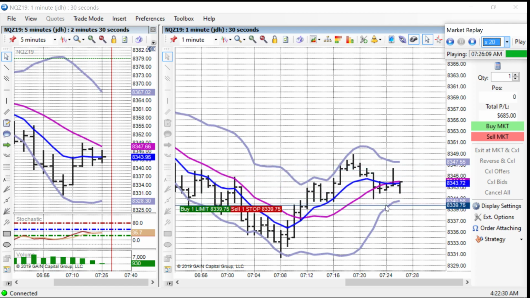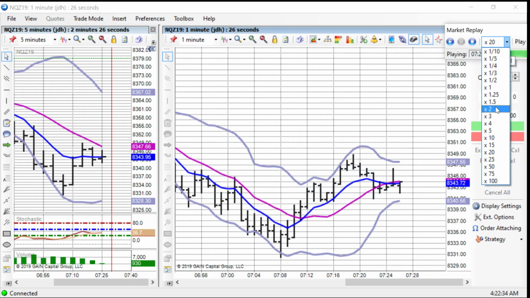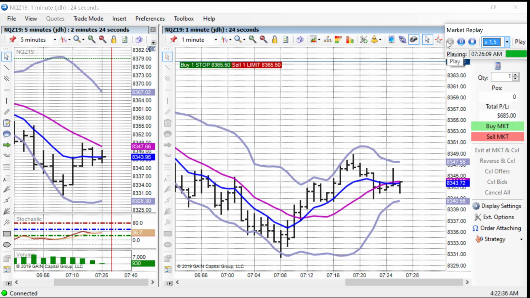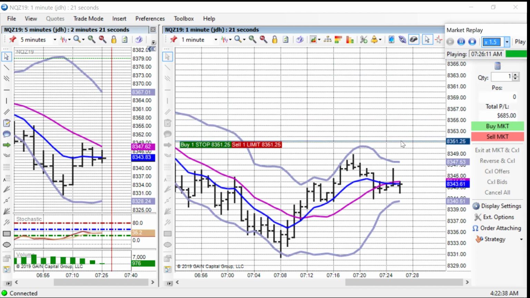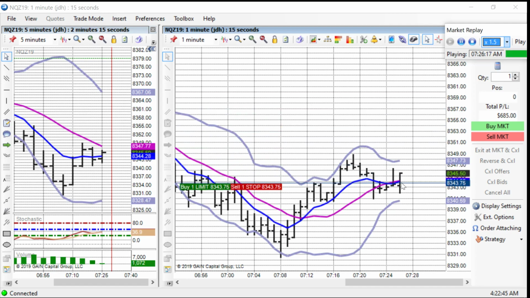Yeah, this could be a very dangerous trade. See how it's so flat? It's flat, laying right on the 80 MA lines, right on the 14 SMA line.